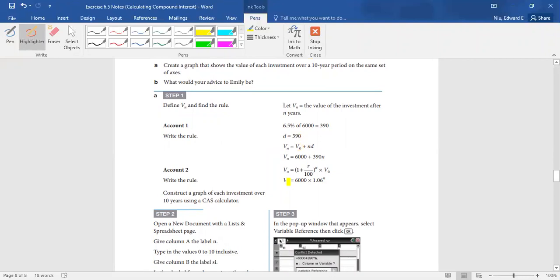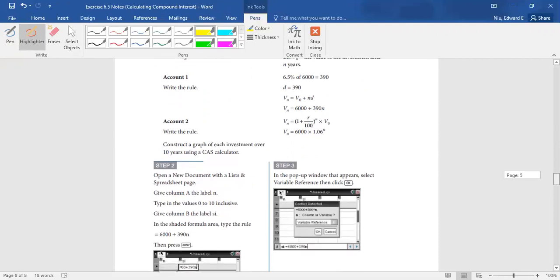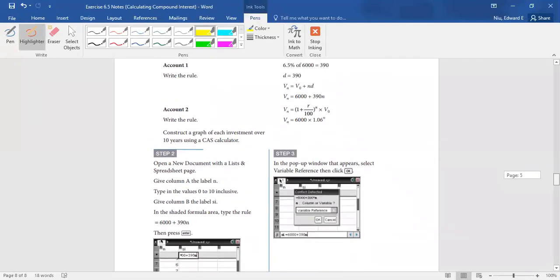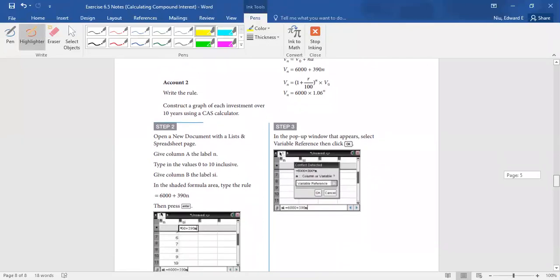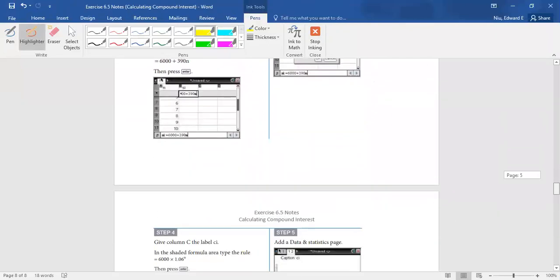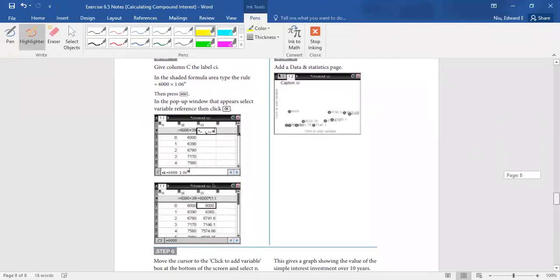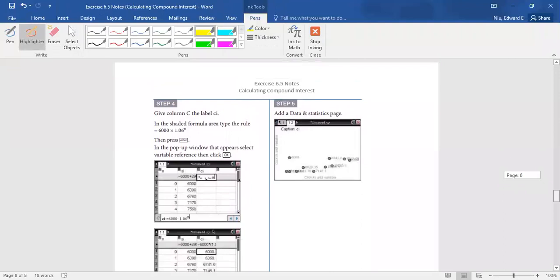For account 2, you can use the financial solver, or you could make a spreadsheet of sorts. Whichever method you choose is fine, and eventually you'll get yourself an answer.